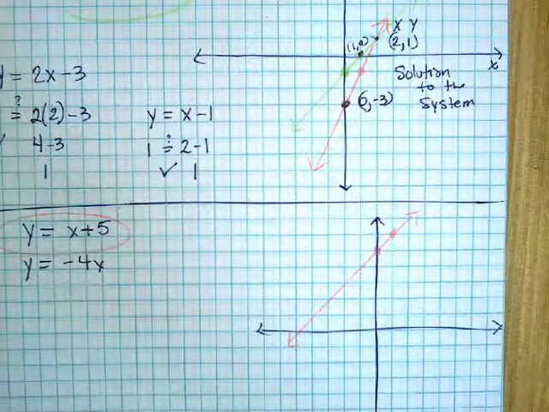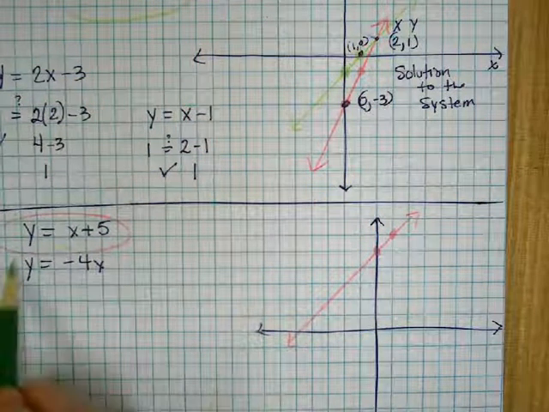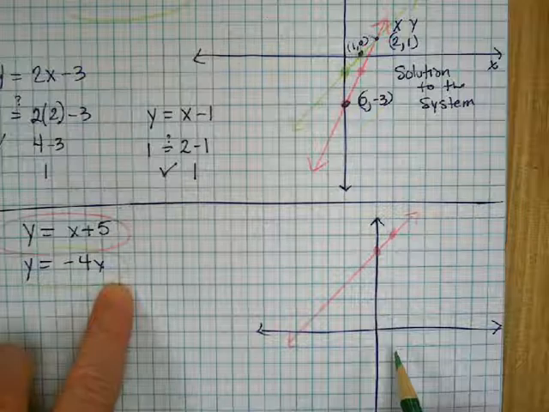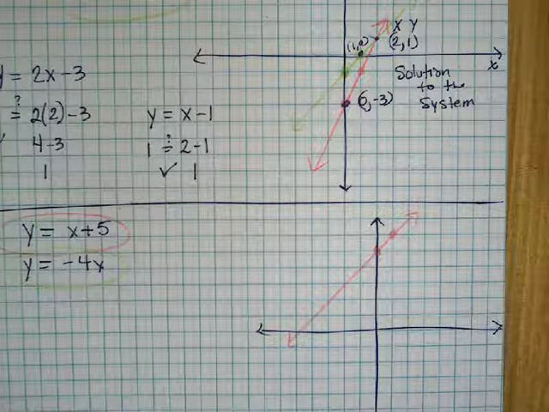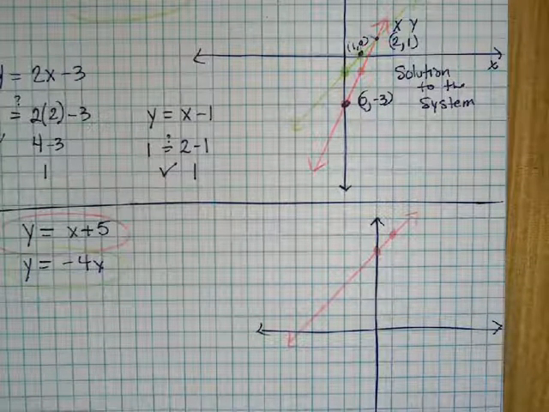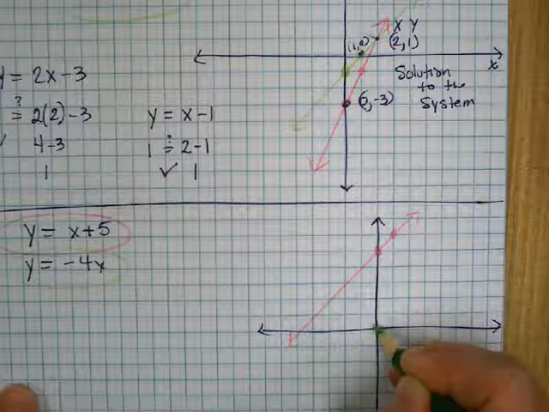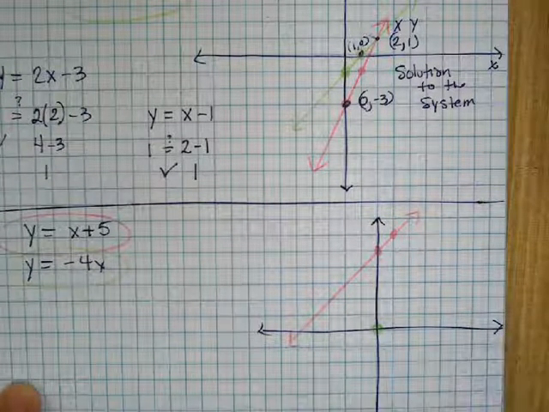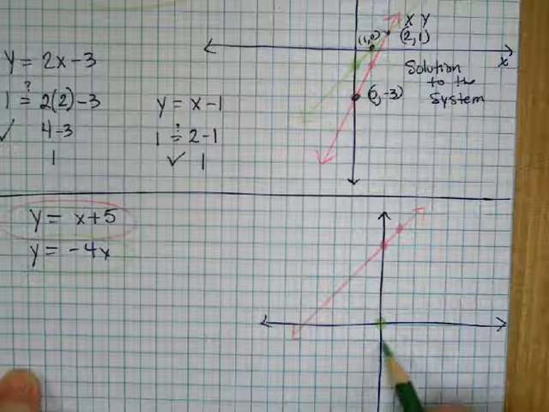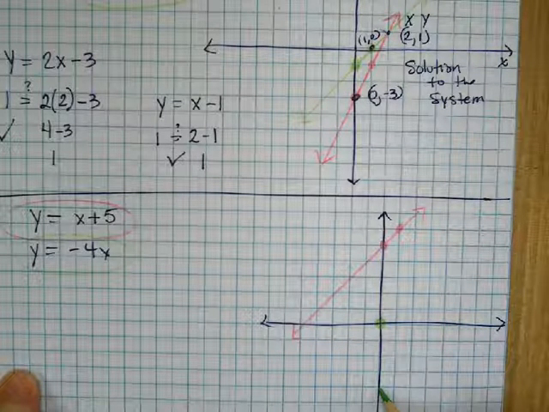Okay, green line. Where does this start? 0. And what is my slope? Down 4 over 1.